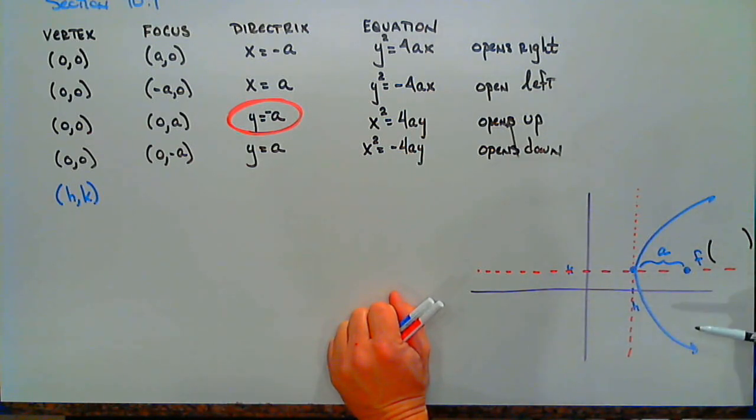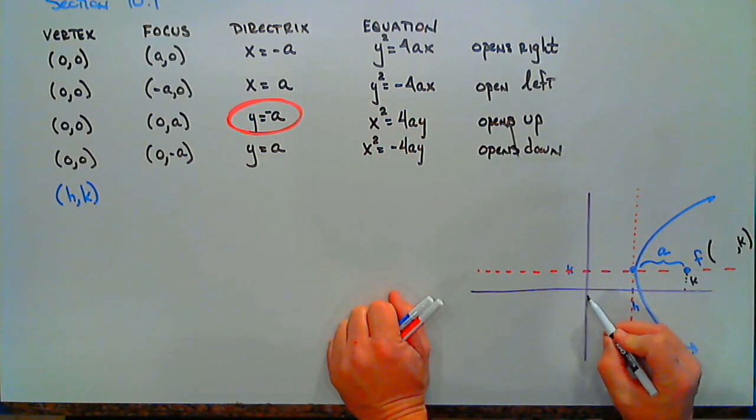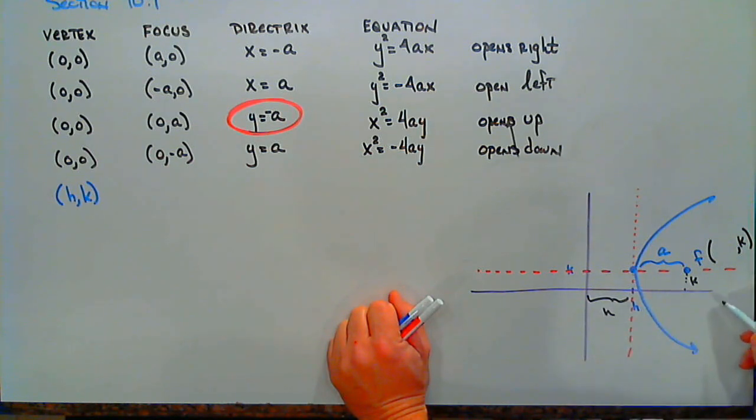What's its y value? What's the y value of this? Well, we went up k units. So the y value is going to be k. Right? We went up k. What's the x value going to be? Well, we went this far, h, and then we went this far, a.